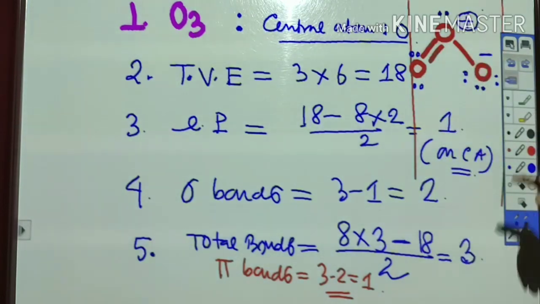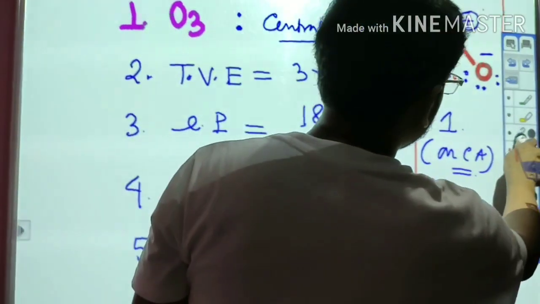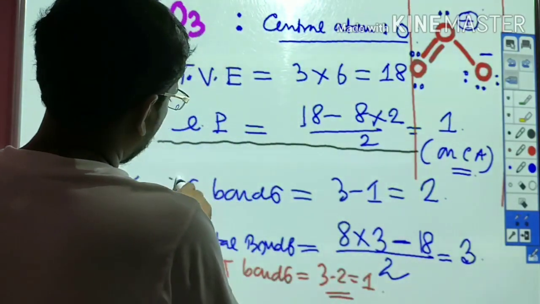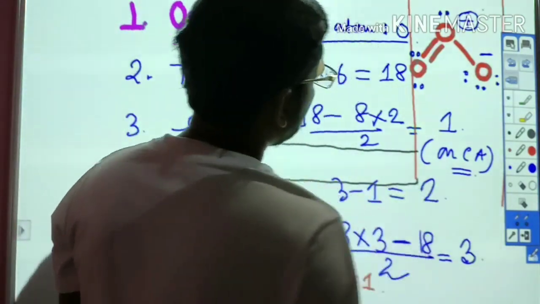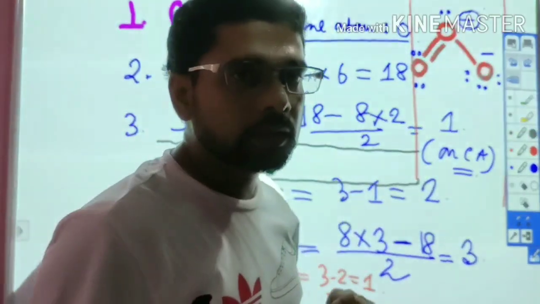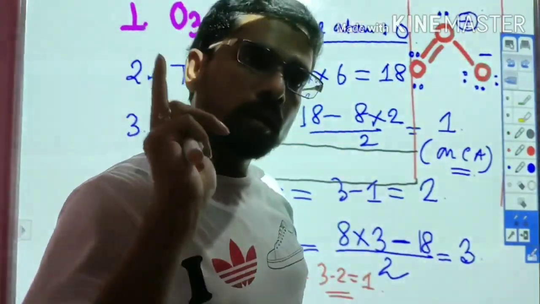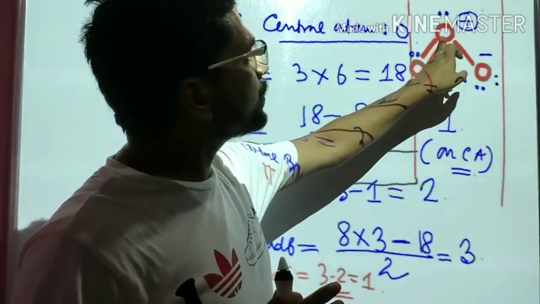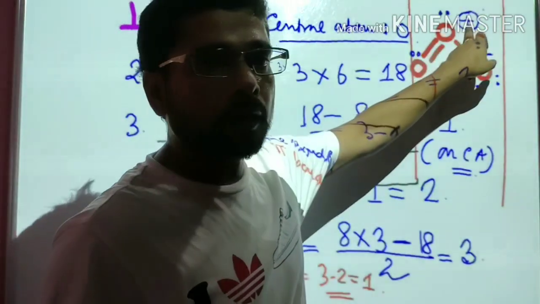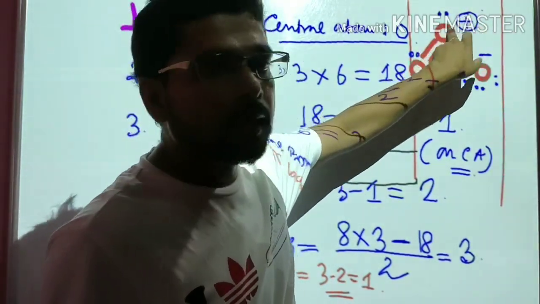How? Okay, let me calculate the formal charge. See, when oxygen forms 2 bonds, it won't carry any formal charge. When oxygen forms 1 bond, it will carry formal charge -1. And when oxygen forms 3 bonds, it will have formal charge +1. Now let me check whether it's right or wrong.